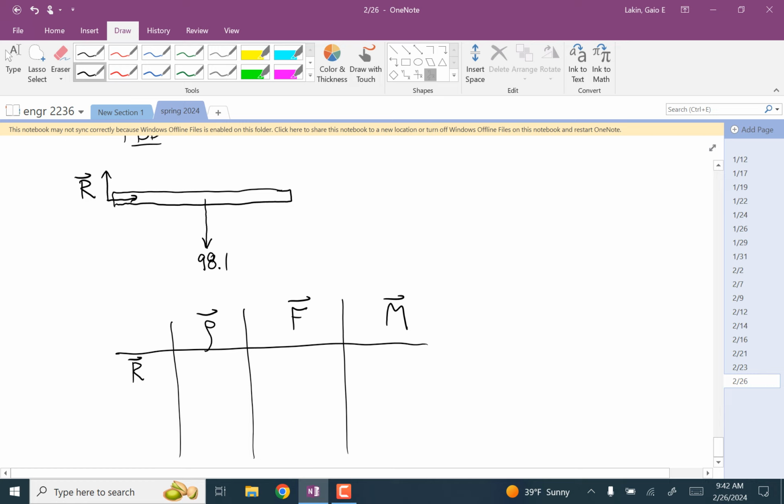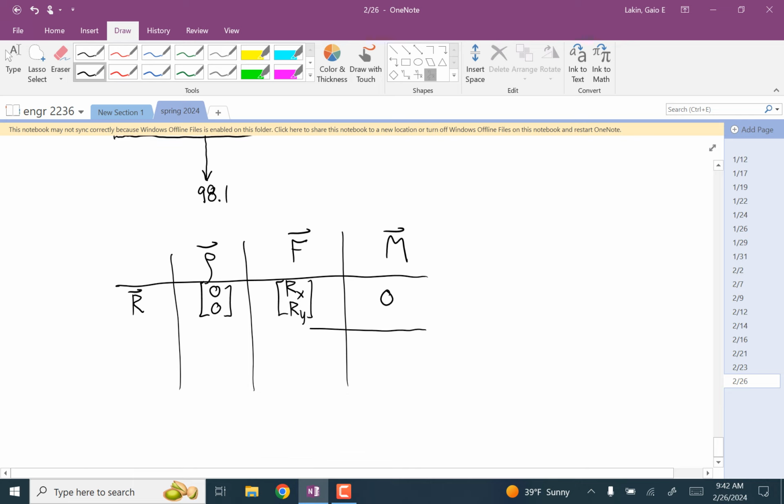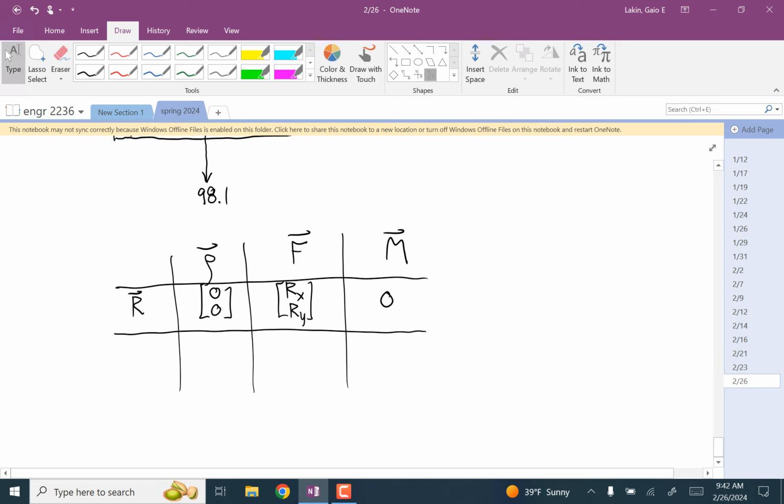So what is it for this force R? 0. The force is Rx, Ry. So what's the cross product of 0 and F? 0. Remember, that's a Z component, even though I'm just writing it like a scalar.